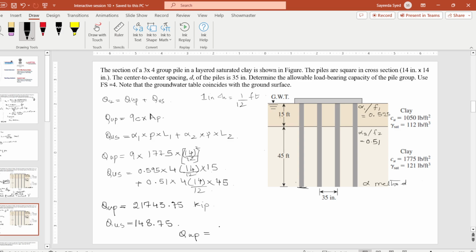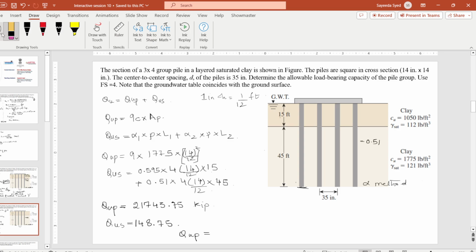Actually, F1 equals alpha 1 times CU1, where alpha 1 is 0.592, and F2 is equivalent to alpha 2 times Cu2, and alpha 2 is 0.51.